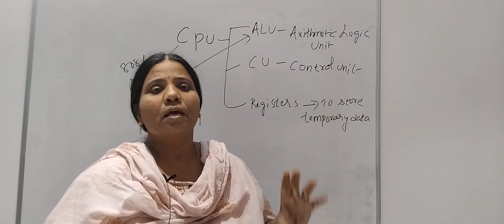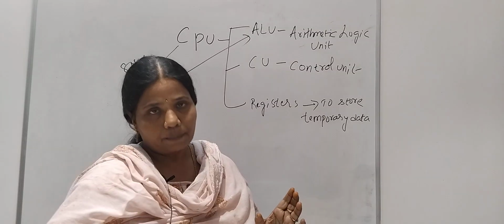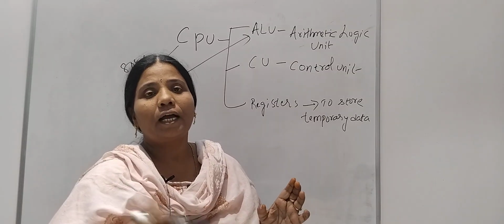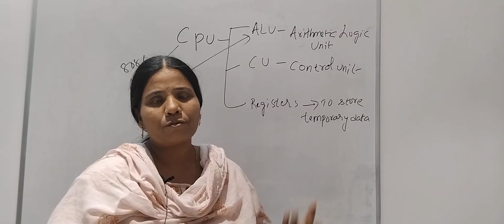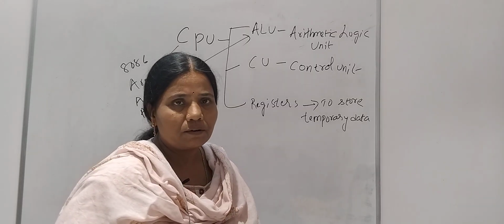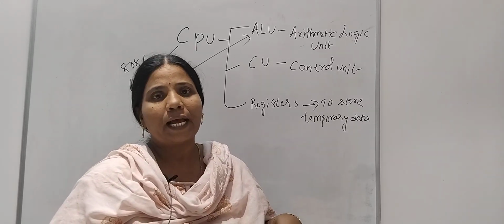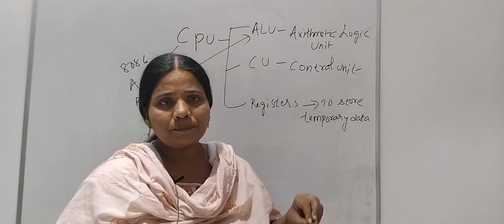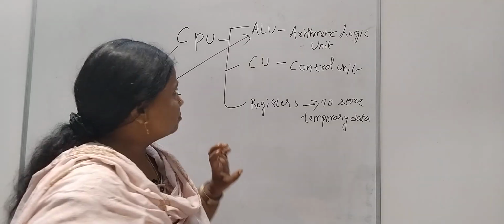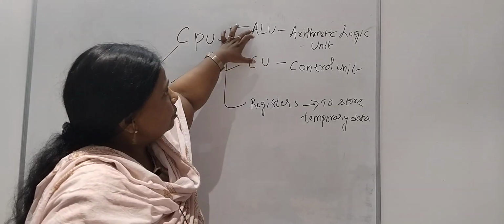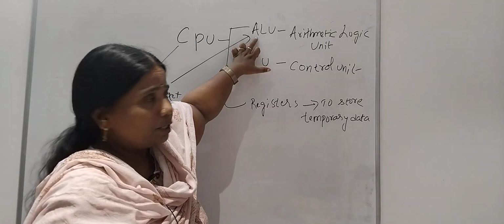Computer system means for the CPU, if you connect input device, output device and memory to process the data and give the output, that is your computer system, like your calculator, mobile phone, ATM machine, all this comes under your computer system. Whatever the CPU which is used in your electronic gadget, that comes as CPU. So in the CPU, the main hardware block is ALU, Arithmetic Logic Unit.